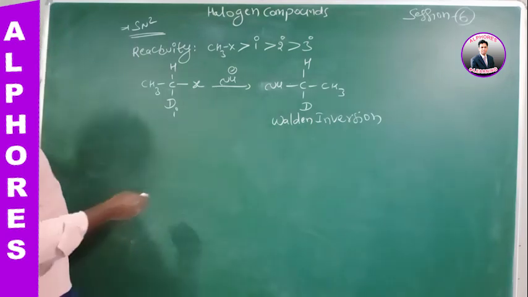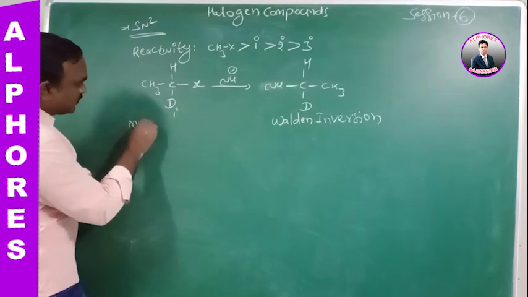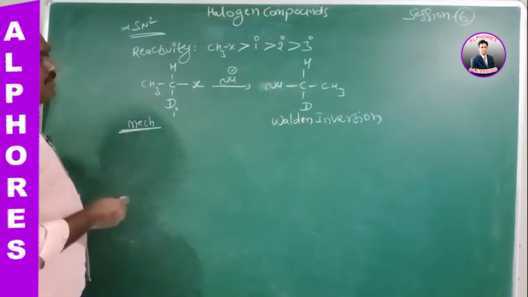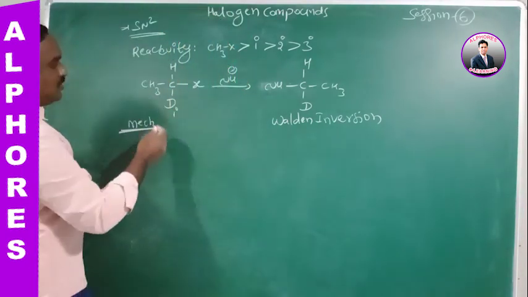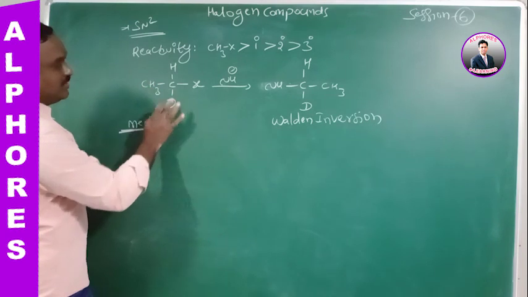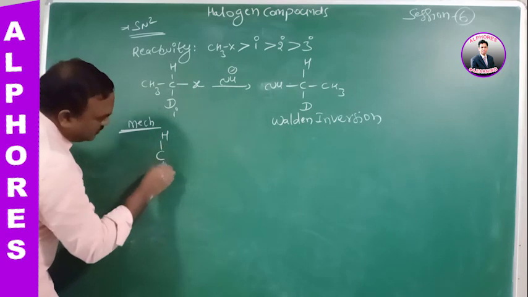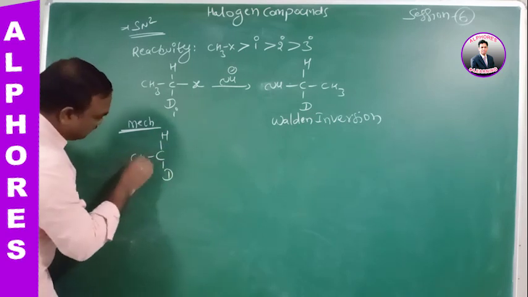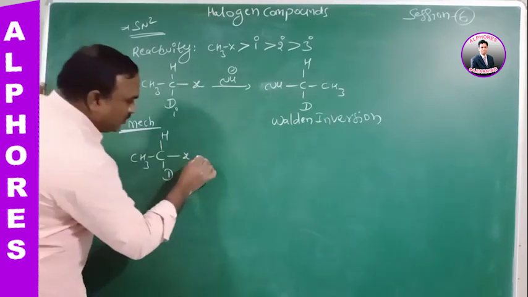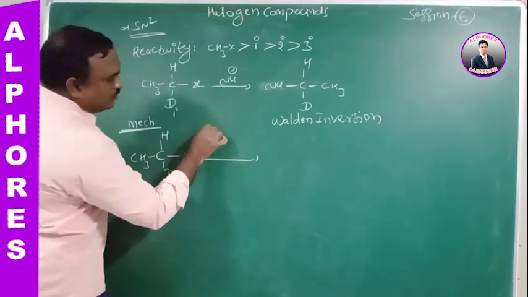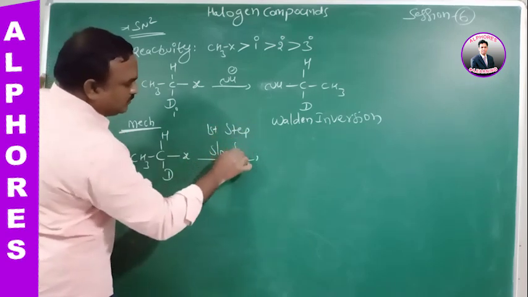Then how can you explain that? Based on the mechanism we can explain. Mechanism of bimolecular nucleophilic substitution reactions. Here the given compound has a methyl group, deuterium, hydrogen and X. The first step is the slow step.